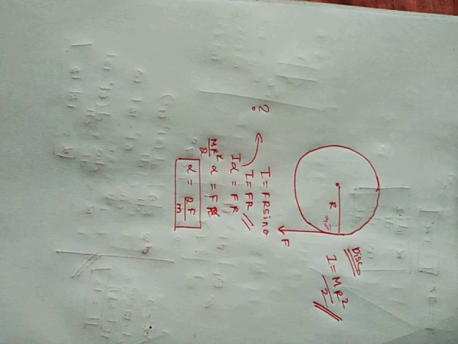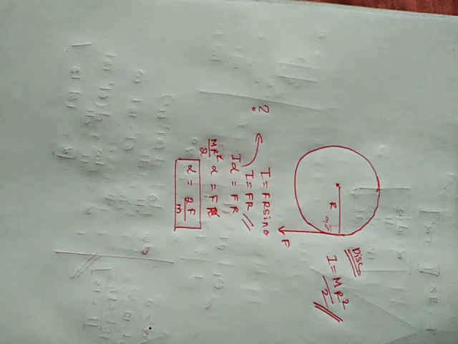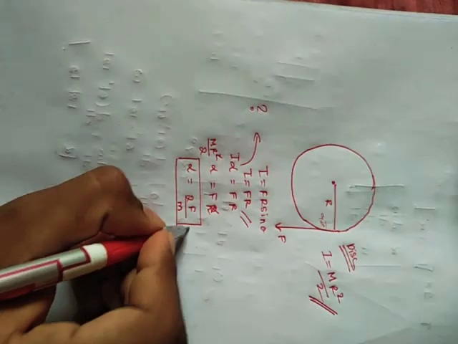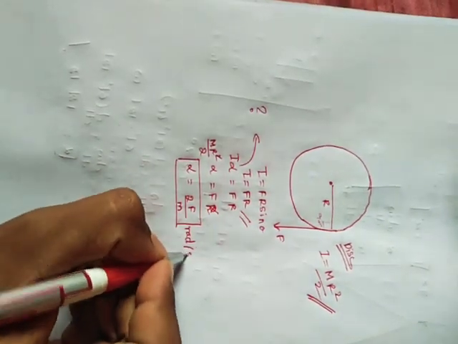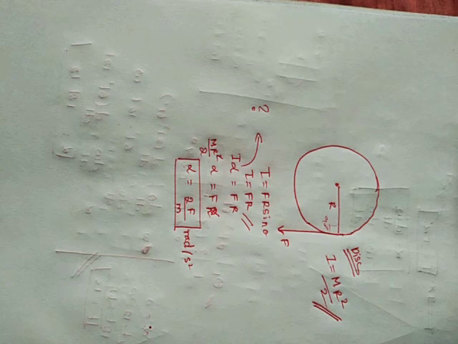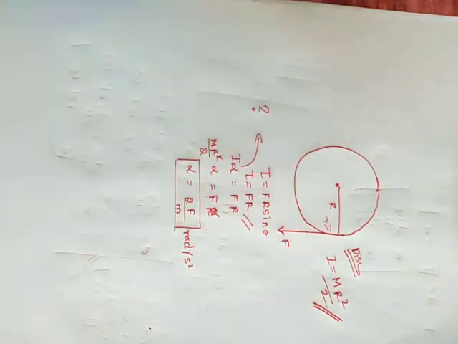So these kinds of questions are asked. That's it, we are completing the topic of torque. Okay, let's see another question. The SI unit of angular acceleration is radian per second square.